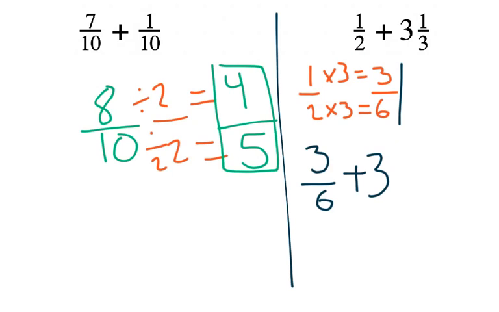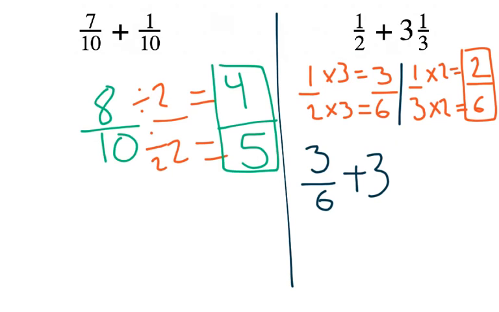So I've got 1/3, and I've got to think, what do I multiply 3 by to get 6? Well, 3 times 2 equals 6. So if I multiply the denominator by 2, I have to multiply the top by 2, and that gives me 2/6.